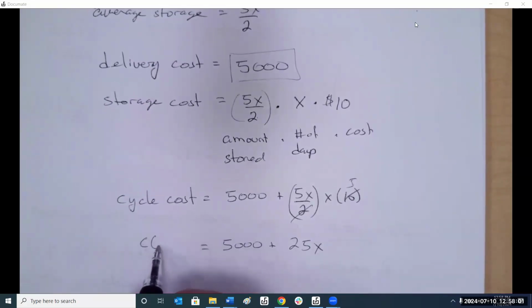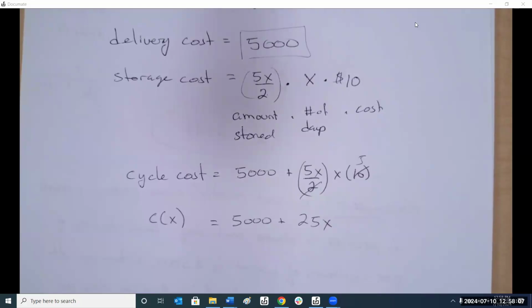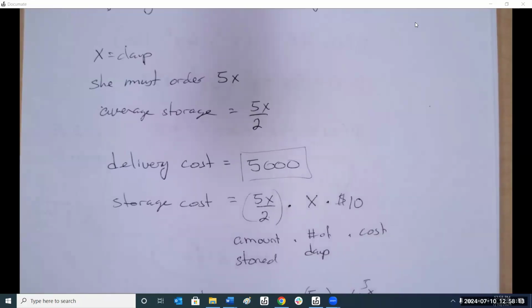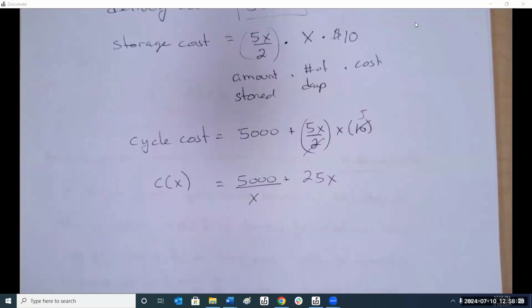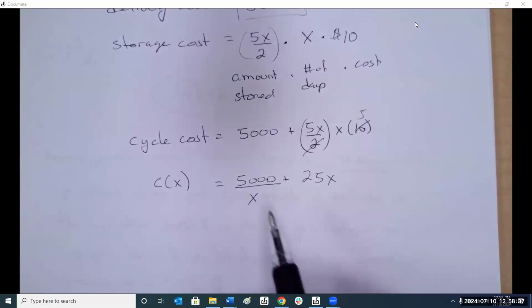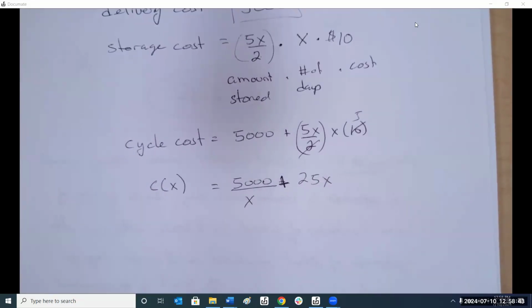The delivery cost is $5,000. But when we're looking at the long scheme of things, it has to deal with also how many times we do it. So it's the cost per cycle. How many days? So there's our equation.